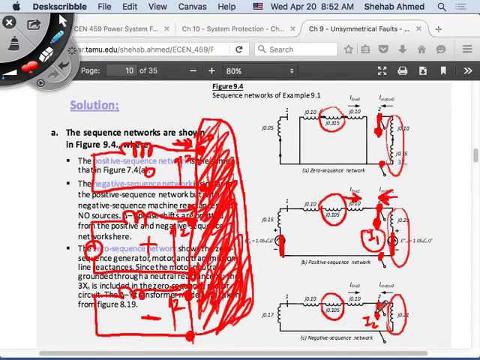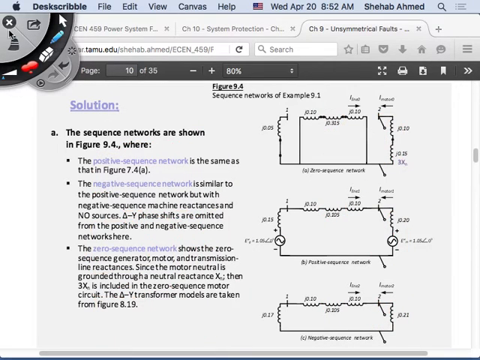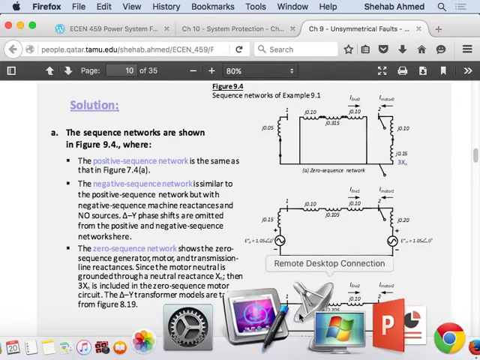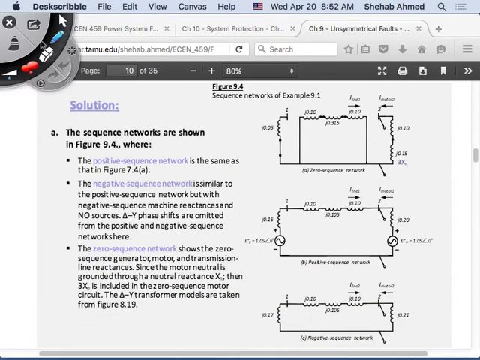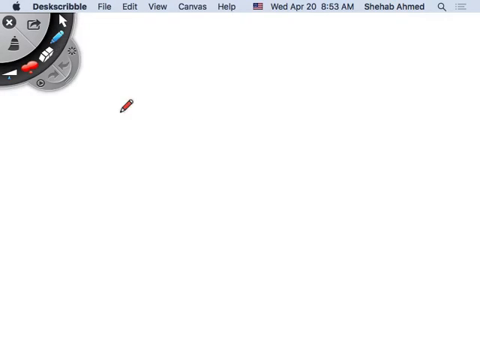And here it's the same. If I want to find the contribution of the transmission line to the negative sequence current, I have my negative sequence current here. Let me open a canvas, white background.